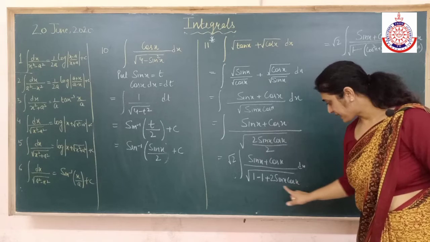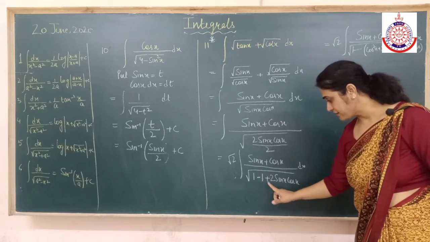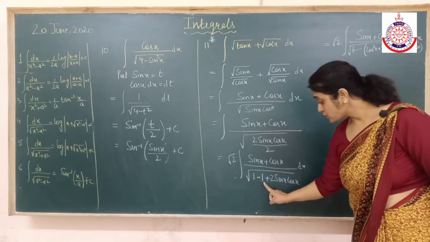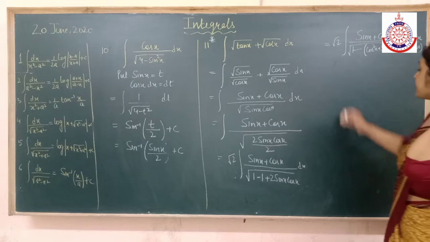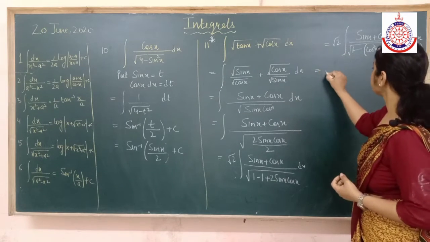I have taken first of all this minus out. Minus common भी बन गया 1 minus 2 sin x cos x. और इस 1 को क्या लिखा? cos square plus sin square और sin square plus cos square. ठीक है? अब ध्यान से देखो.